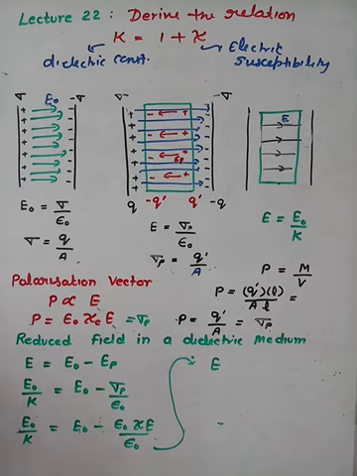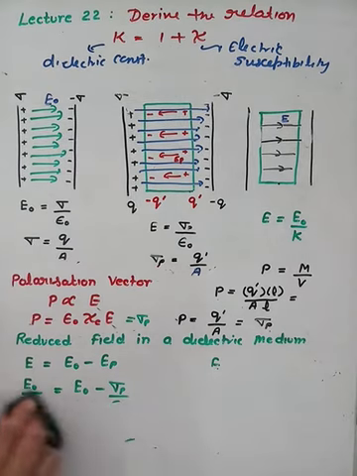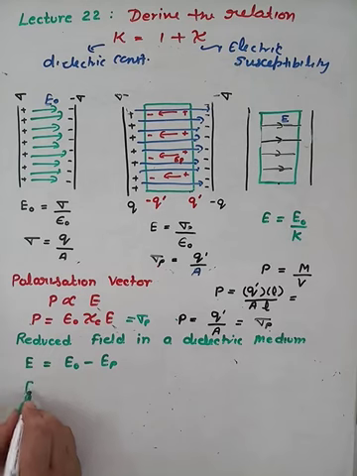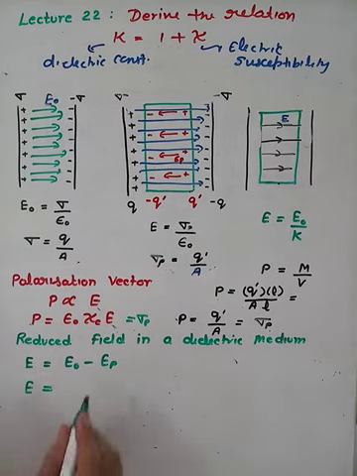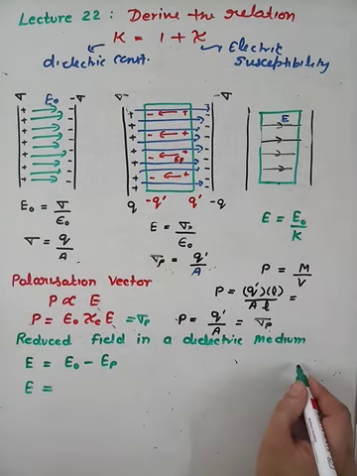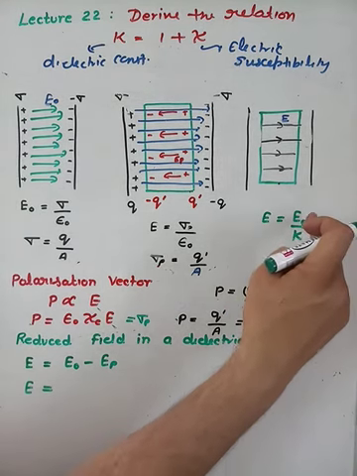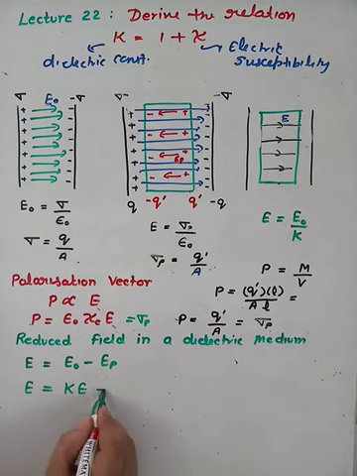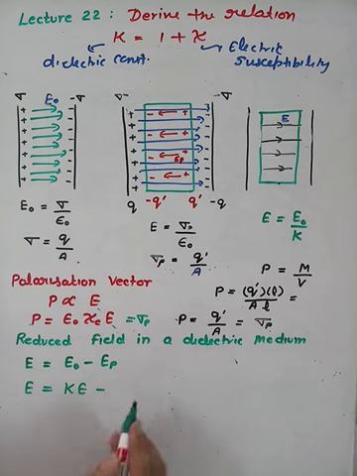This will remain as E equals E naught minus EP. We have the formula E equals E naught by K, so E naught is K into E. E naught is K into E minus EP, which is sigma P upon epsilon naught.